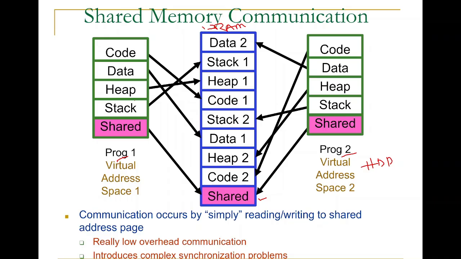Then the different parts for program 1 are code 1, data 1, heap 1, stack 1, and those for program 2 are code 2, heap 2, data 2, and stack 2. All these are placed within RAM. You can see there is a demarcation between them because these are different memory locations.